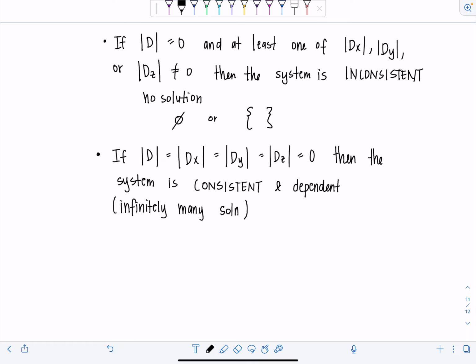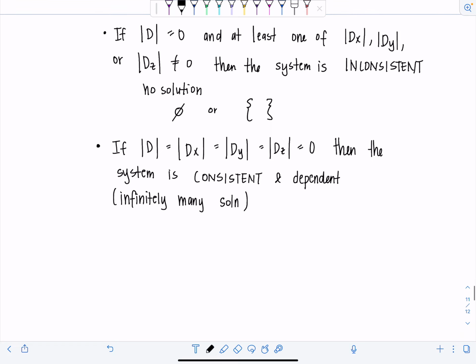Okay, so how would you solve? It depends, right? It's dependent and it depends. So you need to solve either using row reduction techniques or algebraic methods, because there's more specific ways to write out the solution set, right? Depending on what kind of dependent system you have. When you have 3 equations, 3 variables, things can get a little more involved.